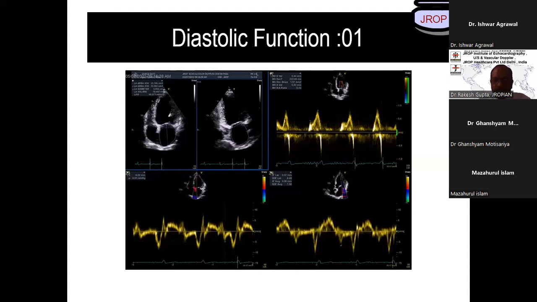Then how to calculate diastolic dysfunction in normal subjects? Sir, we see 4 criteria.